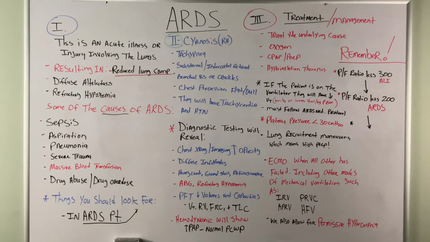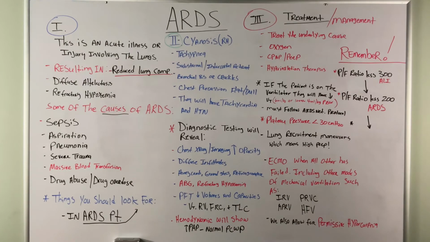Arterial blood gas will show refractory hypoxemia. Alveolar hyperinflation also with hypoxemia. Pulmonary function tests will show decreased volume and capacity. These would be the vital capacity, the residual volume, the FRC, and the TLC, all reduced in your ARDS patient.